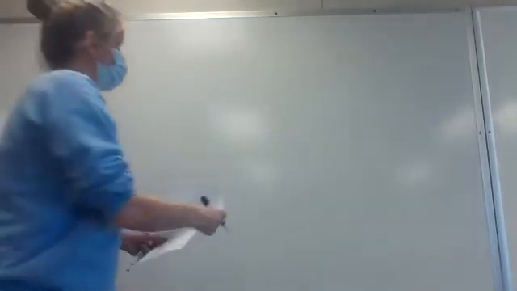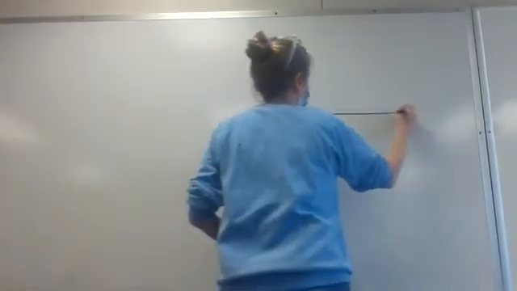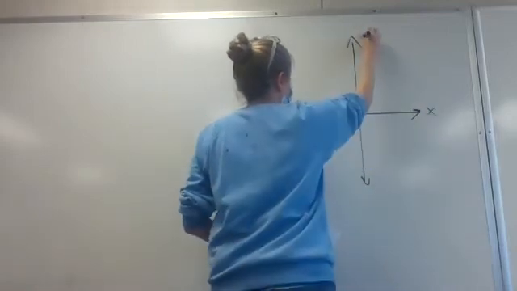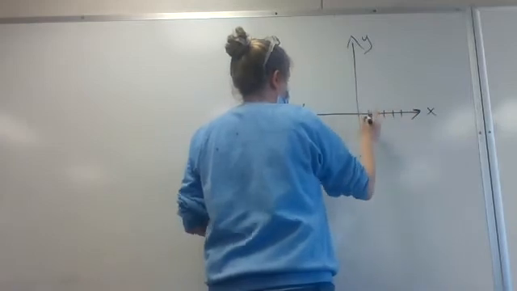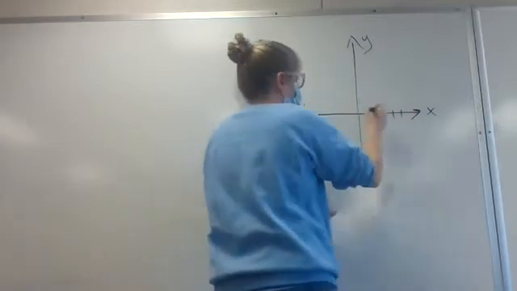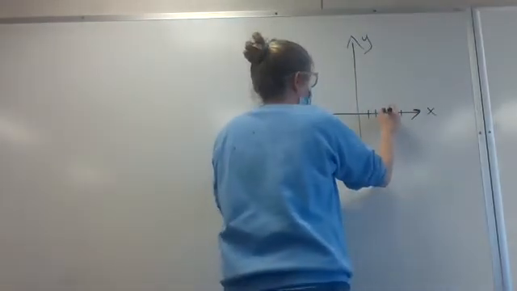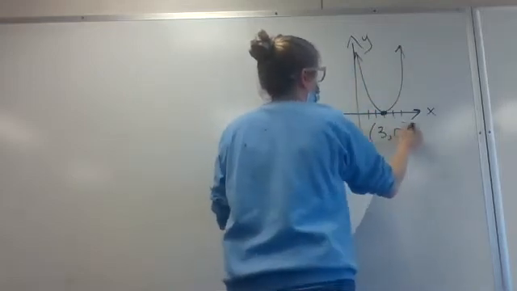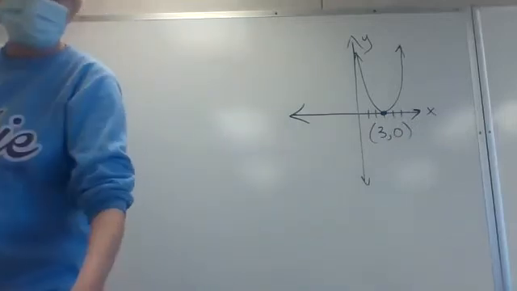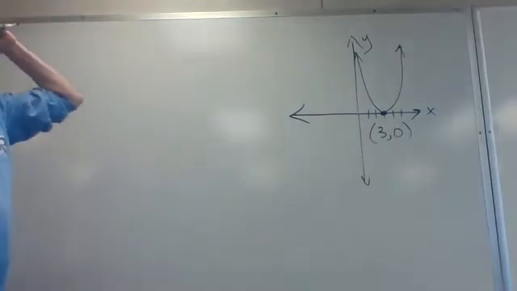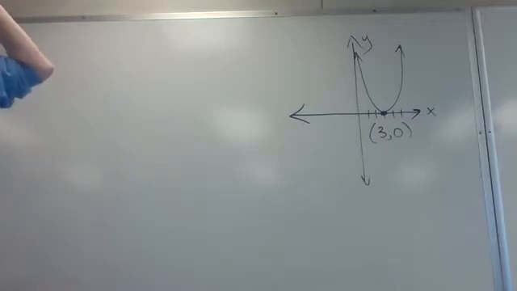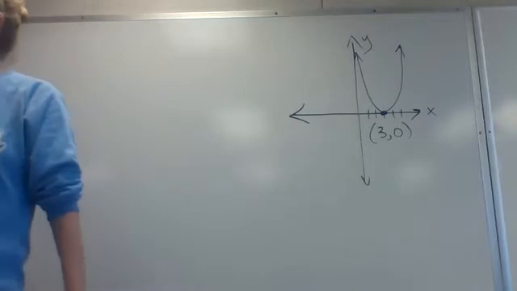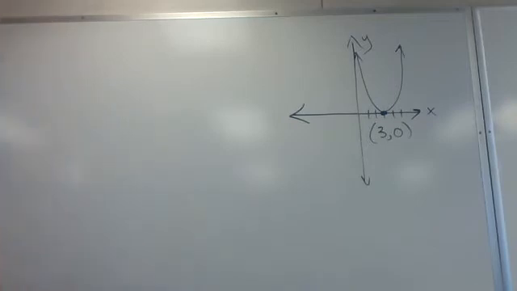All right, it gives me a graph. And it gives me all this information. We're moving into the section where we did vertex, axis of symmetry, increase, decrease, maximum or minimum value.